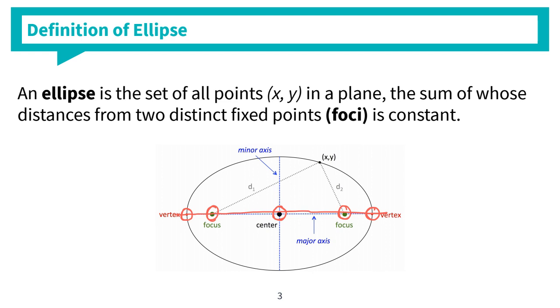Now, the smaller axis is this one right here that is vertical, and we call that the minor axis, and I think that probably makes a lot of sense. It's the smaller one, so we call it the minor one. So notice that we only have the vertical axis, the minor axis, going through the center. The minor will never go through the vertices or the foci.